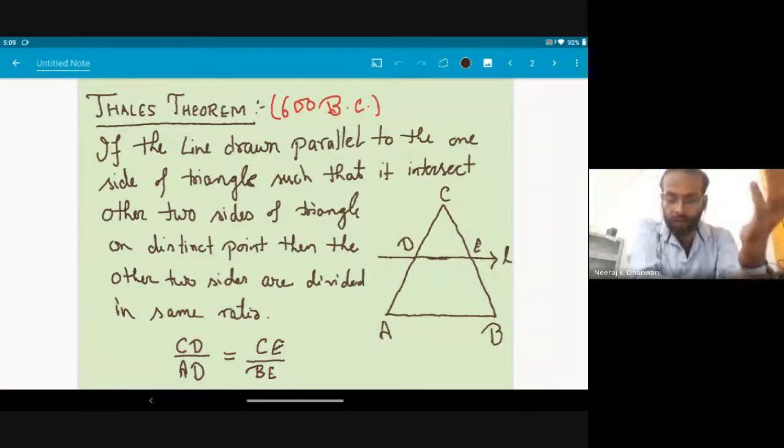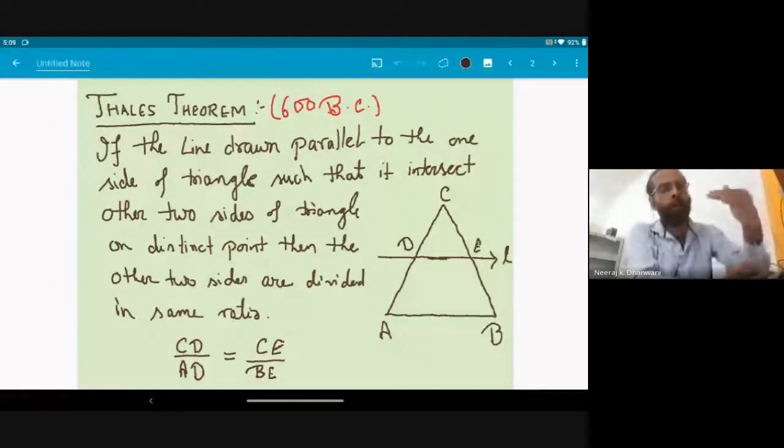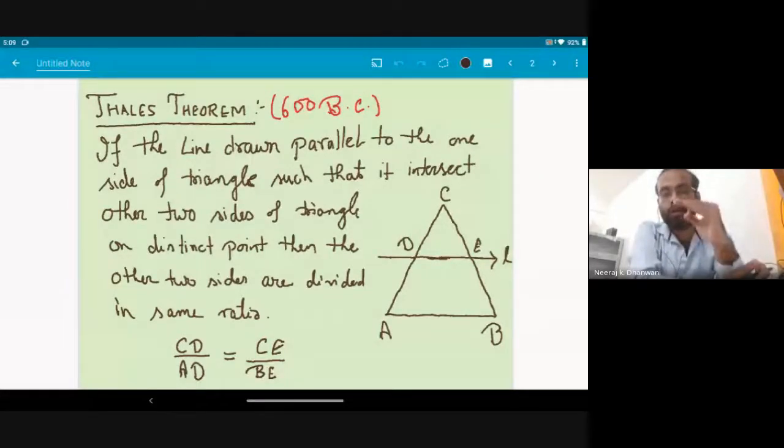This theorem says that if you have a triangle and you draw a line parallel to the base, then it cuts the sides of the triangle in a common ratio. More often, we remember it as: if you draw a line parallel to the base from the midpoint of one side of the triangle, then it will hit the midpoint of the other side.